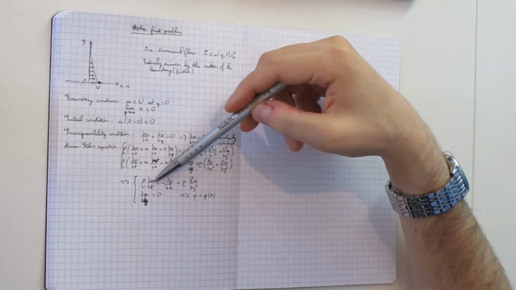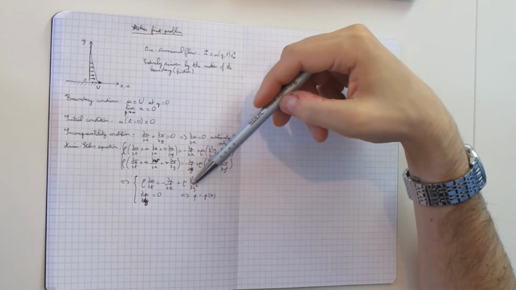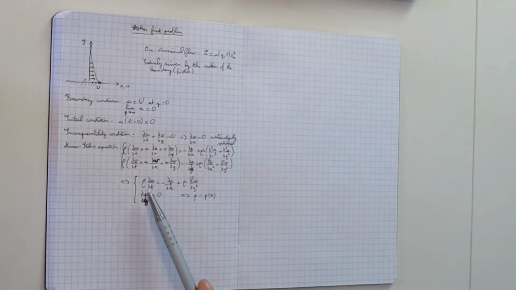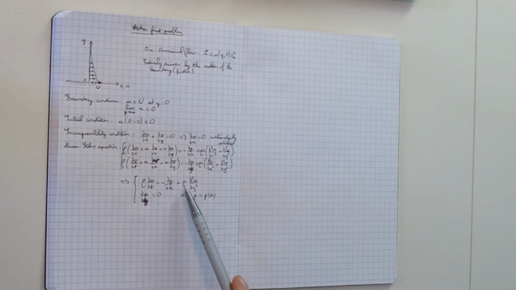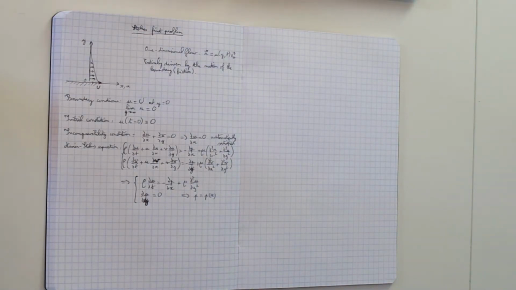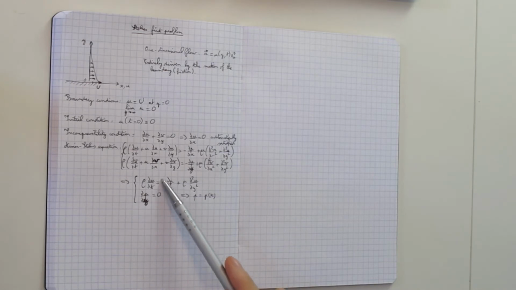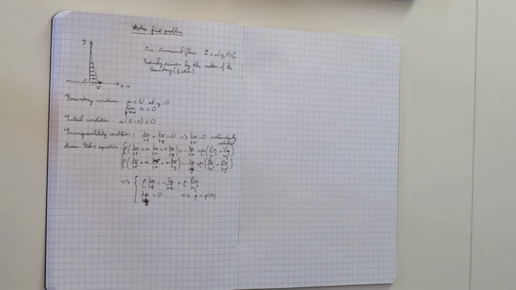Okay, so if we send this into the left-hand side, we get on the left-hand side rho du dt minus mu d2u by dy squared. This is only a function of y. And on the right-hand side, we have dp dx, which is just a function of x. We can differentiate this with respect to x and find out that this dp dx is just a constant that does not depend on x.